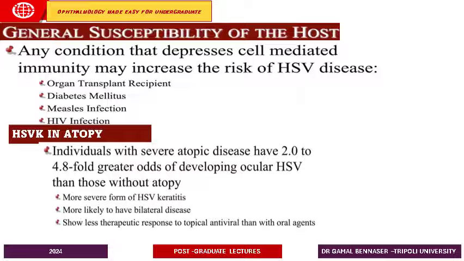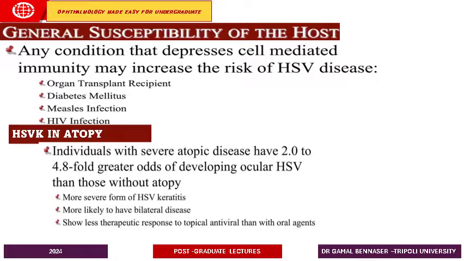Atopy is defined as people with a family history of hay fever or allergic rhinitis. So they have a 2 to 4-fold increased risk of HSV keratitis with ocular involvement. And also, it is found that they have a more severe form of keratitis as compared to non-atopic people, and are more likely to have bilateral disease, also like in children.